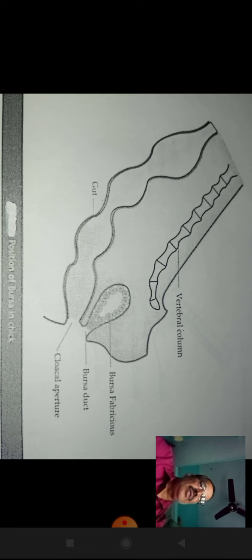But in case of birds, in case of chicken, instead of bone marrow, there is a bursa of Fabricius. In the bursa of Fabricius, the B lymphocytes are differentiated and matured.